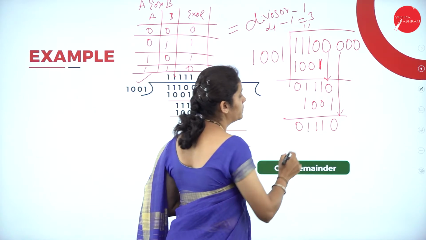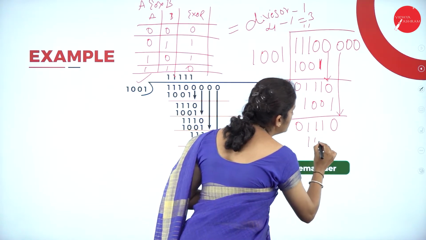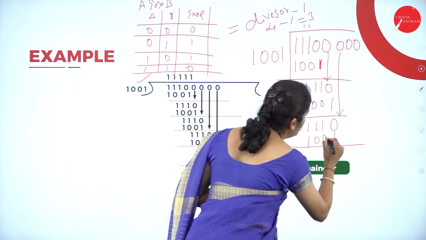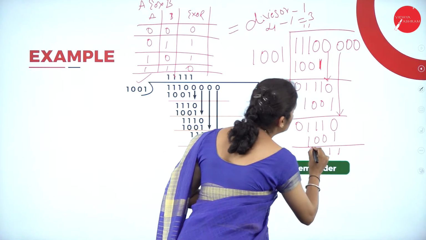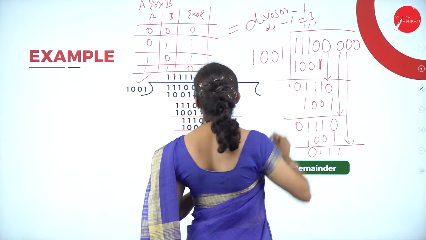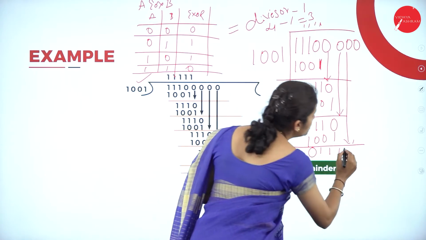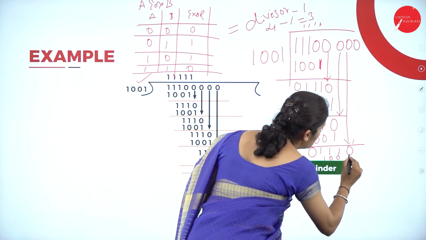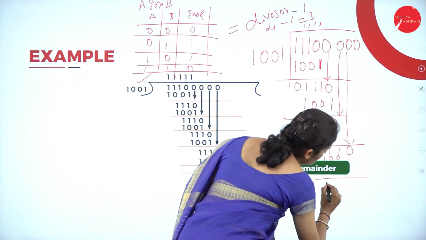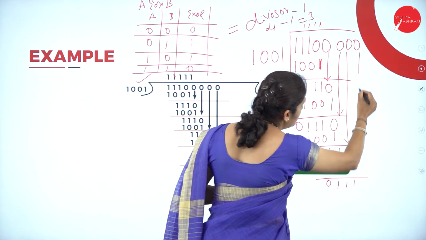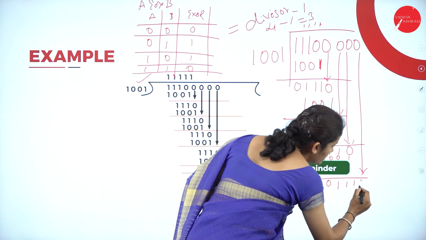Once again 1, 0, 0, 1, so the result is 0. Now I bring down 0 here. Once again 1, 0, 0, 1, which gives 0, 1, 1, 1. So I get another 0 here.